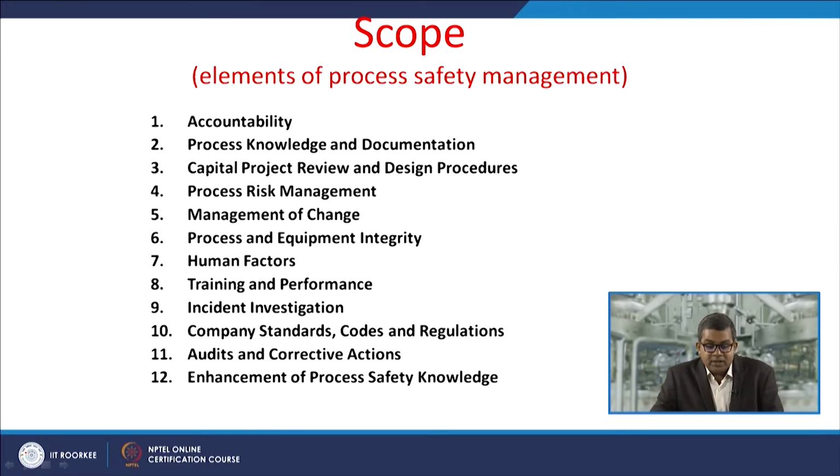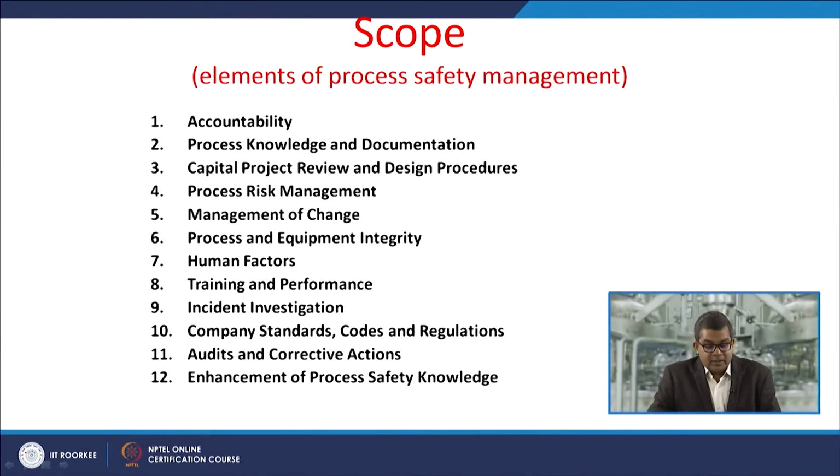Then capital project review and design procedures, because whenever there is any expenditure towards safety, definitely it's a project, it's a design procedure. It is just like if you are riding a scooter or a car, you are advised to use the seat belt or a helmet. That is the capital expenditure in addition to the vehicle cost. Then you must adopt process risk management.